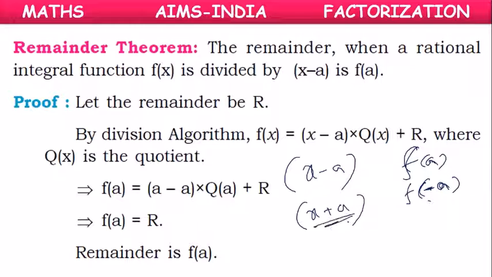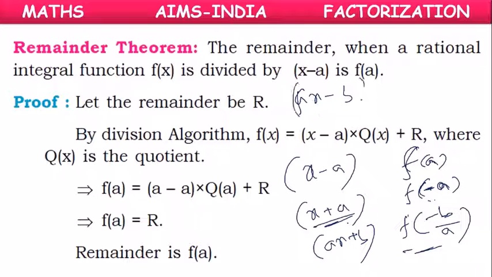If it is divided by ax plus b, then f of minus b by a is the remainder. If it is divided by ax minus b, then f of b by a is the remainder.